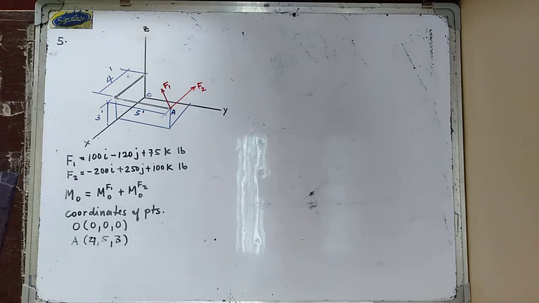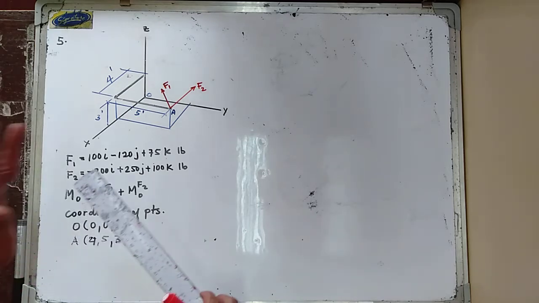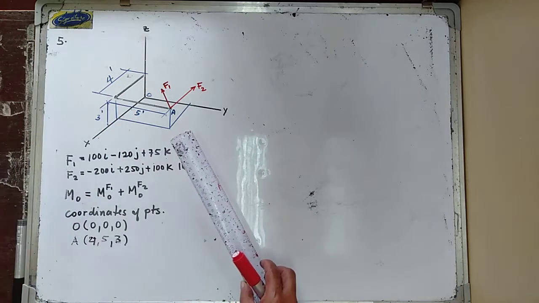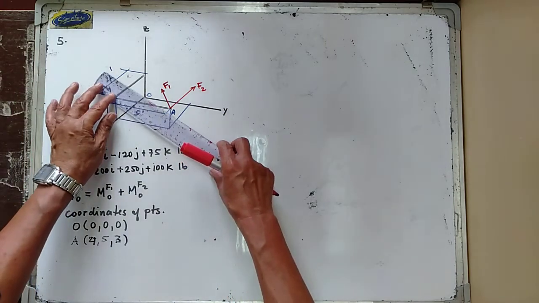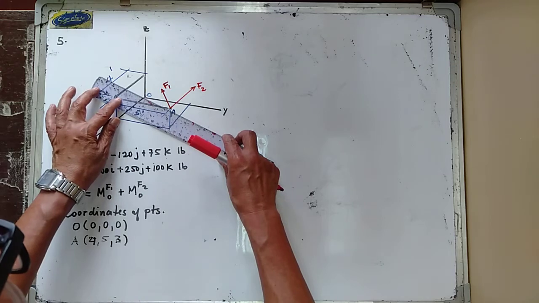So let's determine the moment of the two forces about point O. Again, let us introduce a position vector originating from the moment center to any point along their lines of action, provided that we know the coordinates of that point.